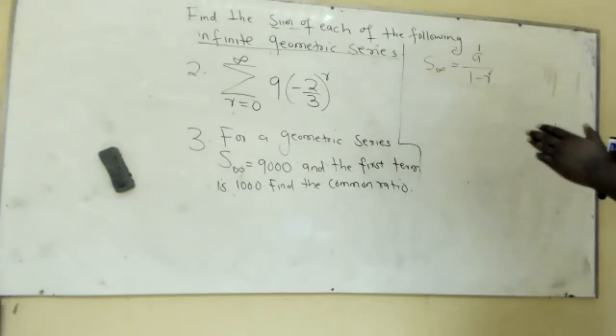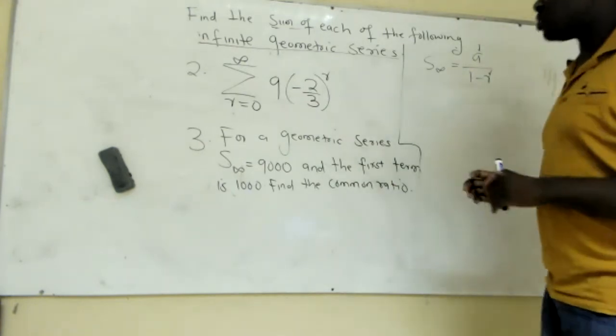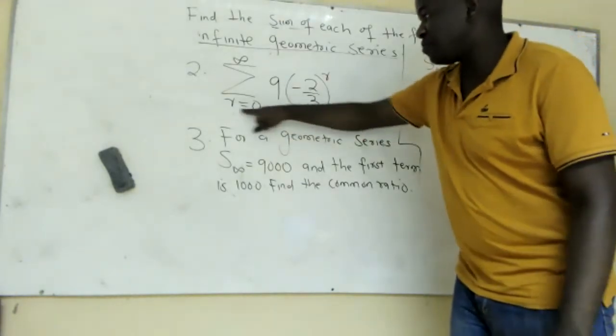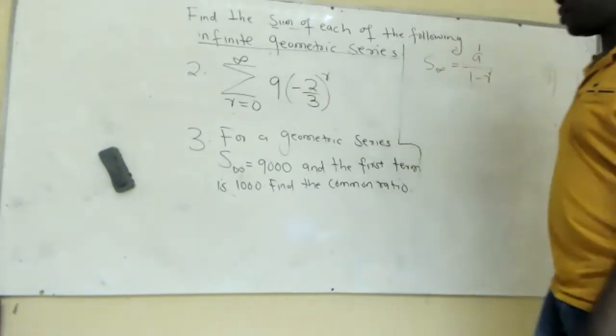Let's go straight to the expansion first, and then from there we pick up the common ratio and the first term after the expansion. Because if we take the shortcut, sometimes shortcuts may lead us to the wrong answer, because this value plays a crucial role in determining the first term.